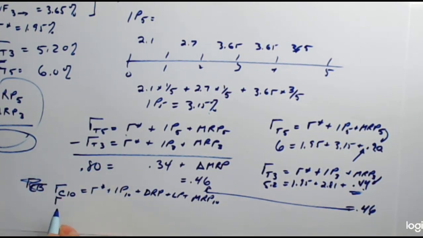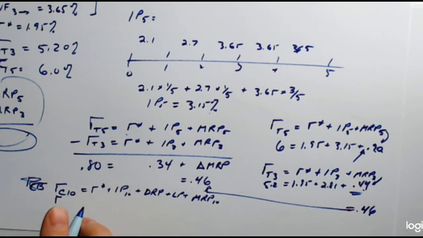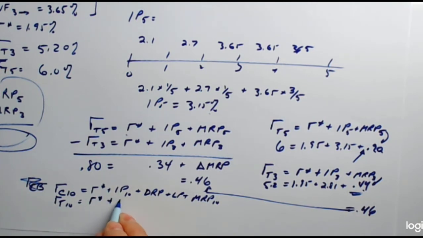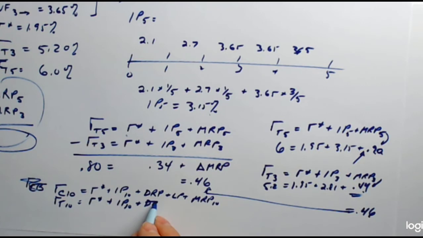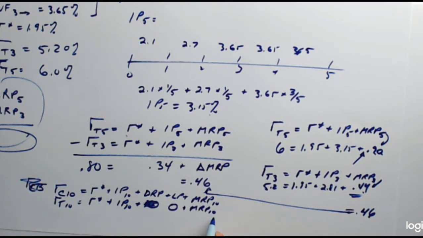And then you can look at a treasury for 10 years, and the treasury return will be R star, it'll be this. There'll be no default risk premium, that'll be 0. Liquidity premium will be 0, and you'll have a maturity risk premium of 10. But realize the maturity risk premium for a 10-year security, it doesn't matter if it's a corporate or a treasury, they're the same thing.